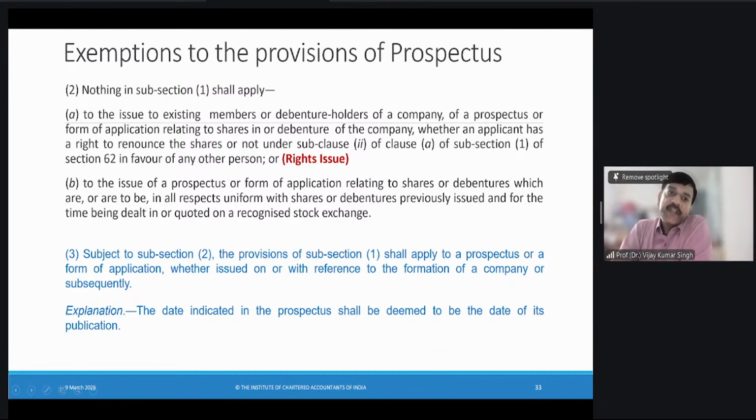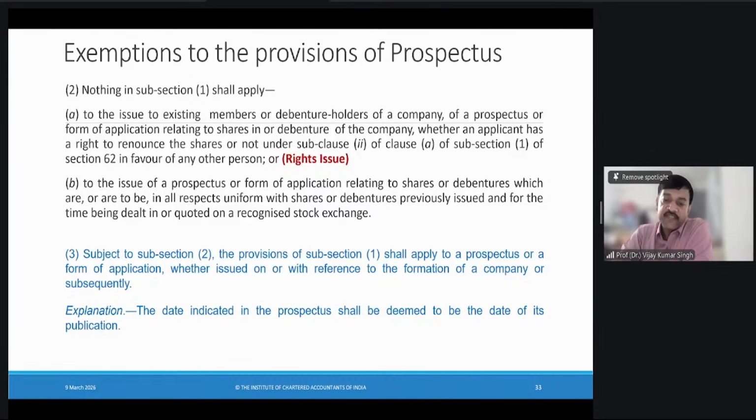So under section 26, there are some exemptions also which are provided for the provision of prospectus. And it is with reference to two kinds of situation. The first situation talks about rights issue.